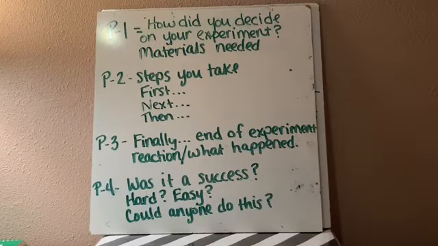I told you yesterday that you would be choosing a science experiment to do. So I told you to research that, look on Pinterest, talk to your parents, figure out what science experiment you want to do. Now for this assignment, remember it's a grade for science. It's also a grade for writing.